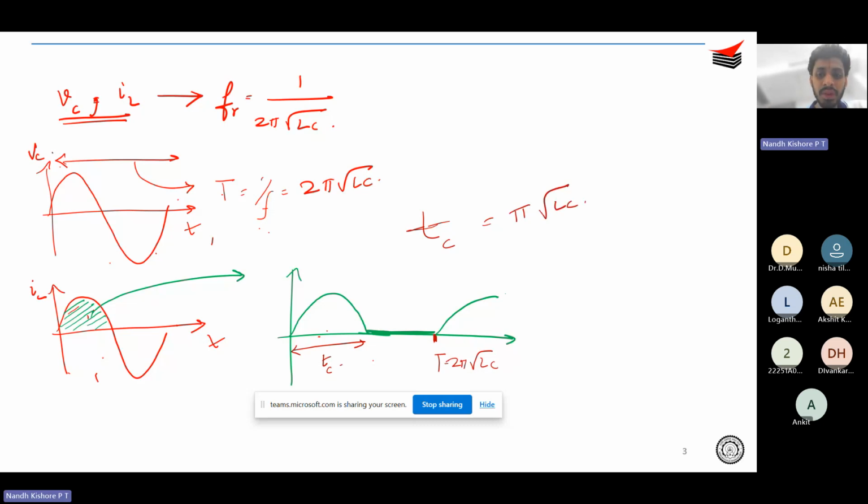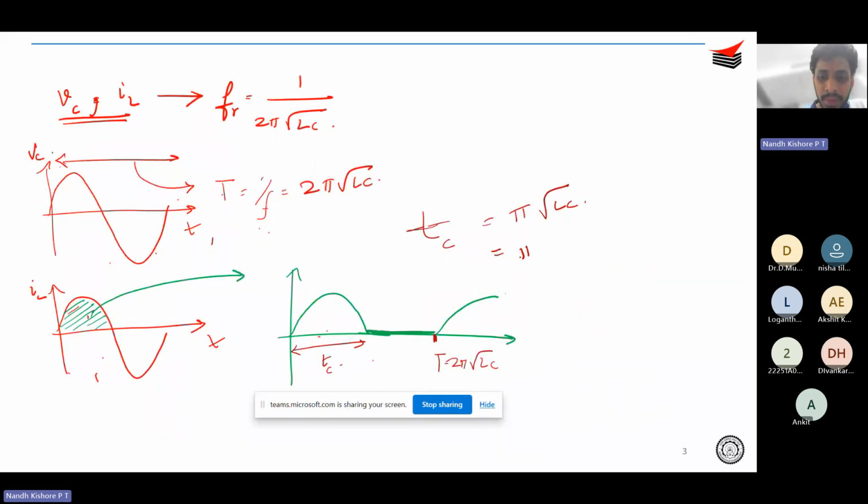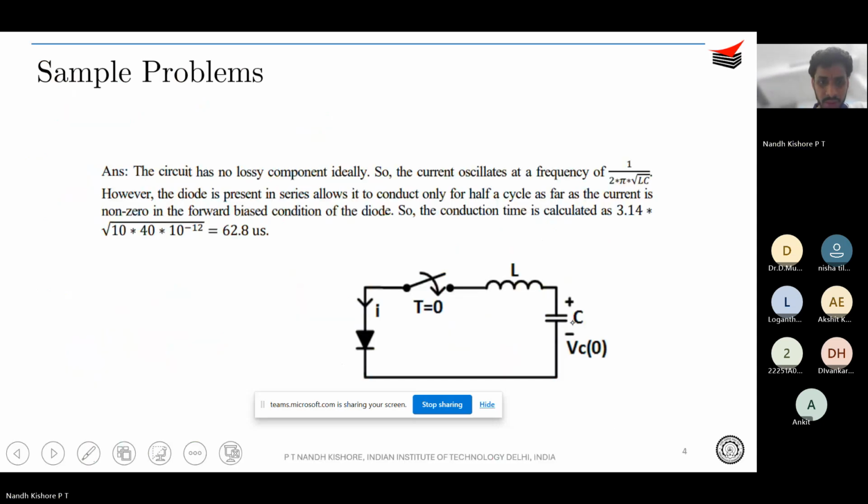So this will simply be pi root LC. Okay. Now we just substitute these values: pi into root over 10 micro into 40 micro, or pi into root over 400 micro. Correct? So root over 400 is 20.